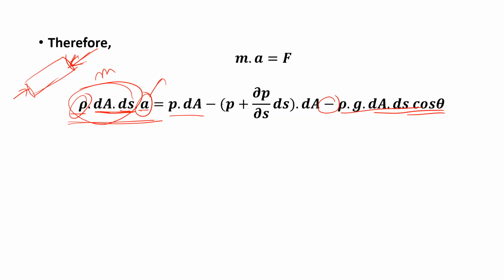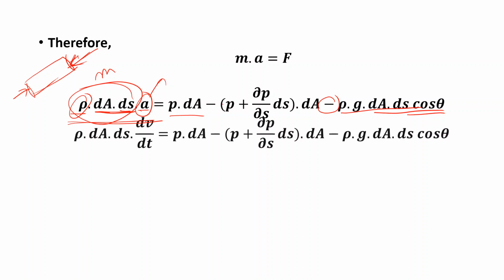Now this a we can write as dV by dt, therefore we have replaced it with dV by dt.